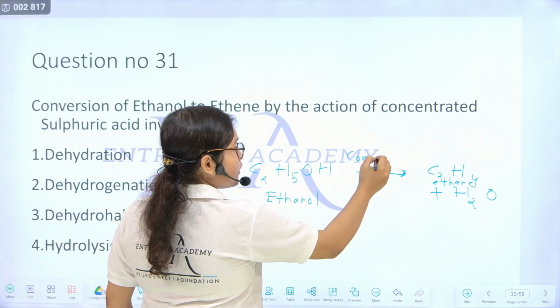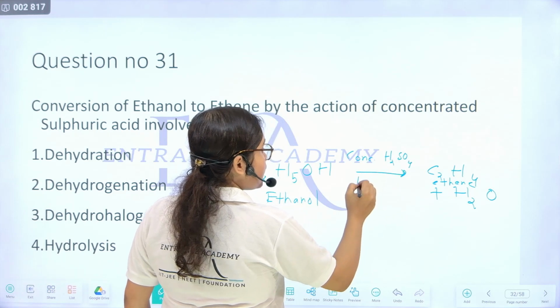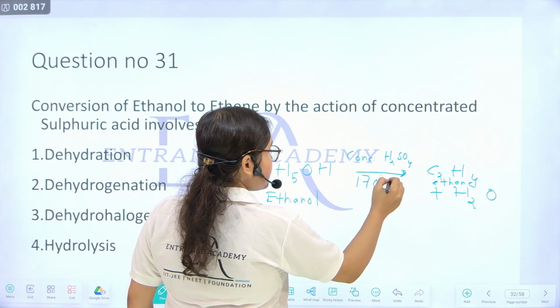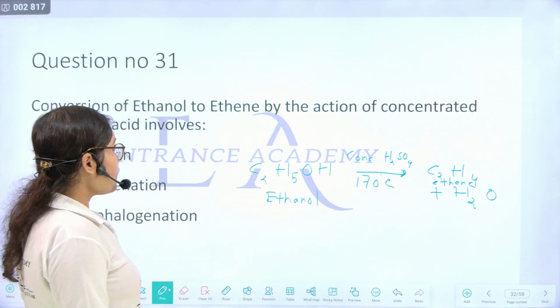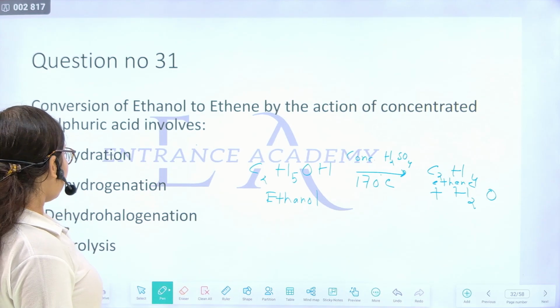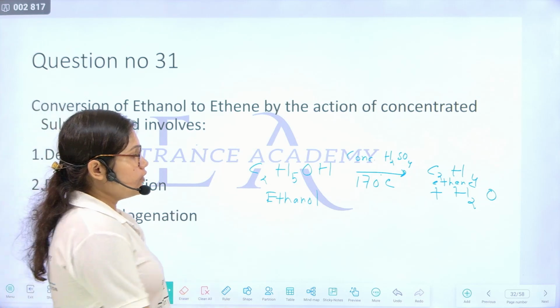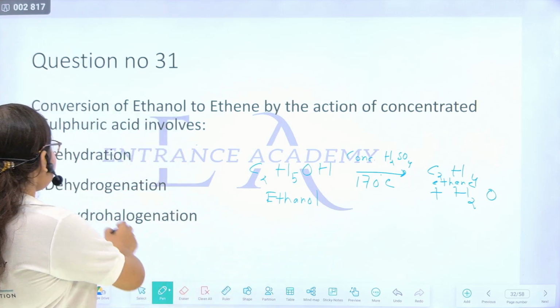One important thing is concentrated sulfuric acid, temperature 170 degrees Celsius. What kind of reaction is this? Dehydration, dehydrogenation, dehydrohalogenation, hydrolysis. So this is dehydration reaction. The correct option is 1.